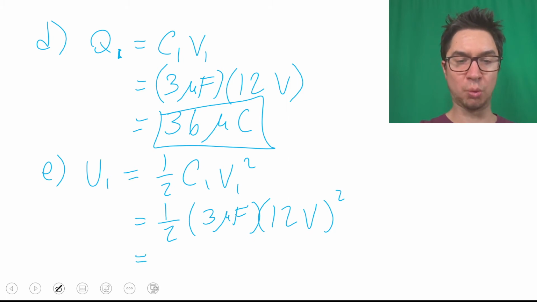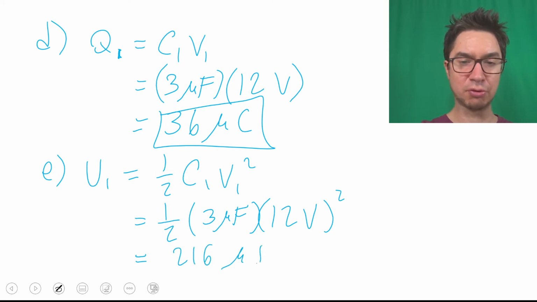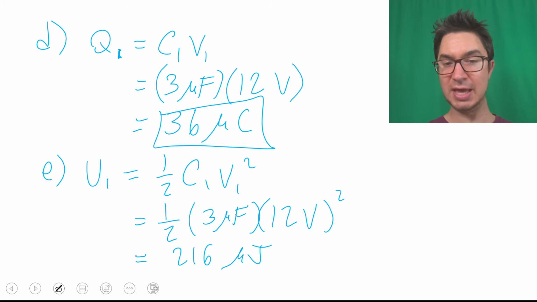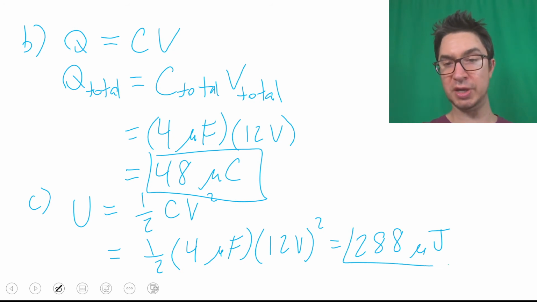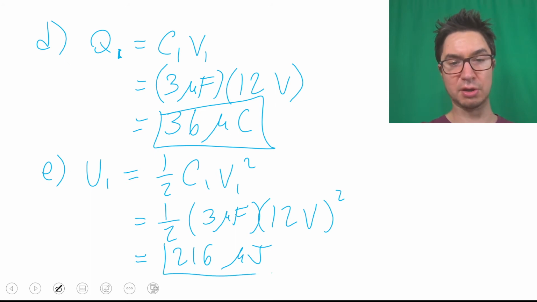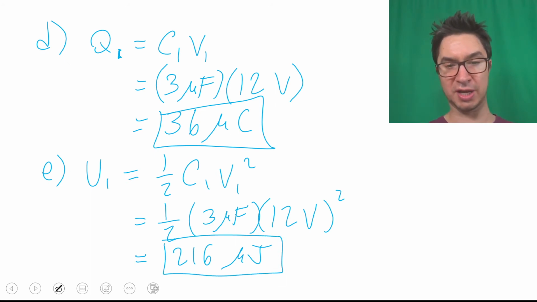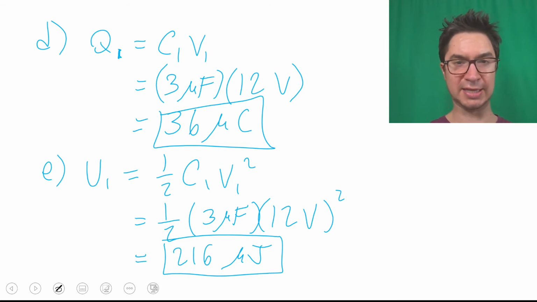And if we take 1/2 of 3, which is 1.5, times 144, it's going to give us 216 microjoules of energy. Is it plausible that that capacitor would store 216 microjoules of energy? Well, the total energy was 288. So yes, it is plausible that that capacitor would provide 216 of the 288 microjoules of energy. All right, very good. And that completes our example on capacitors in parallel.